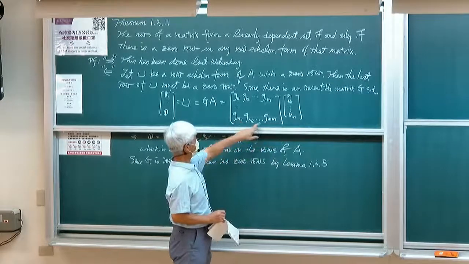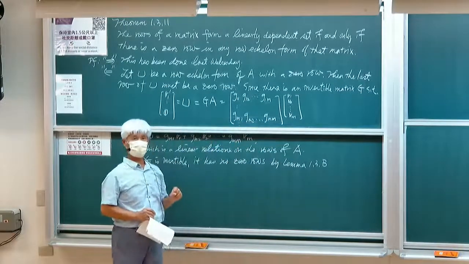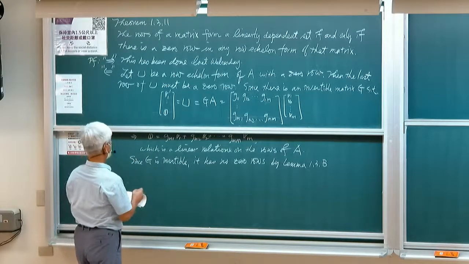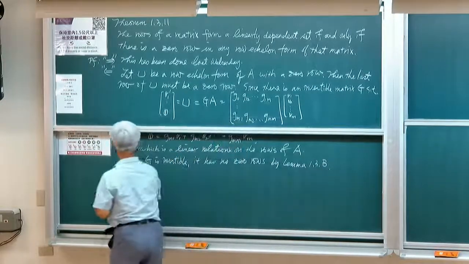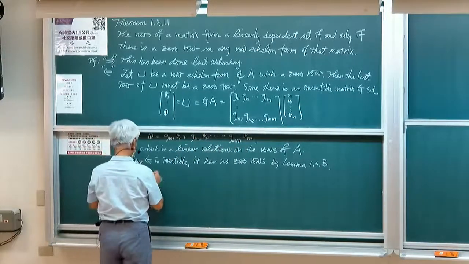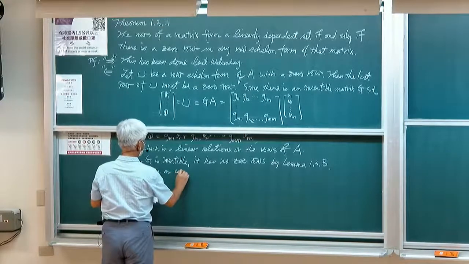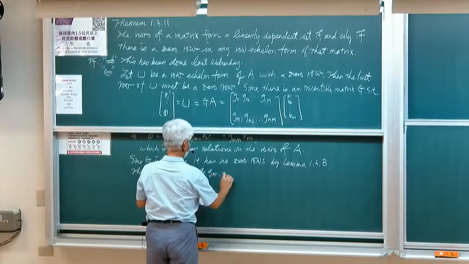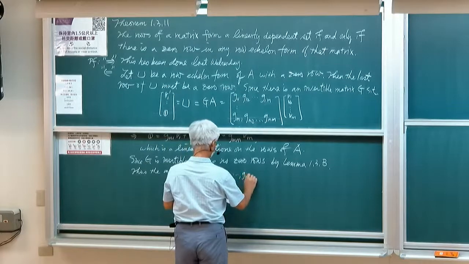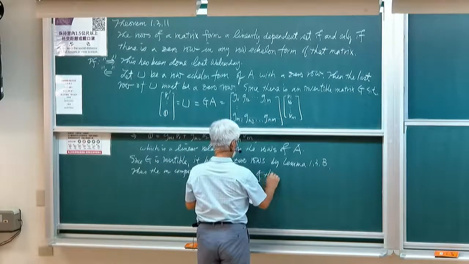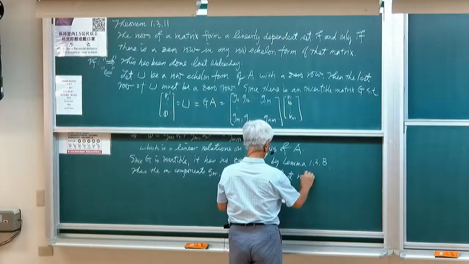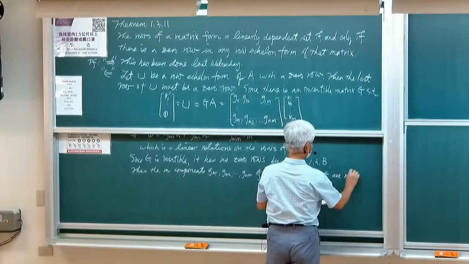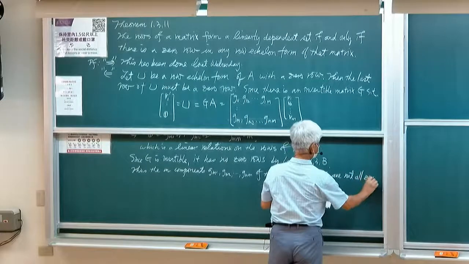So at least one of the entries is non-zero. That is, the M components GM1, GM2, up to GMM of the last row of G are not all zeros.